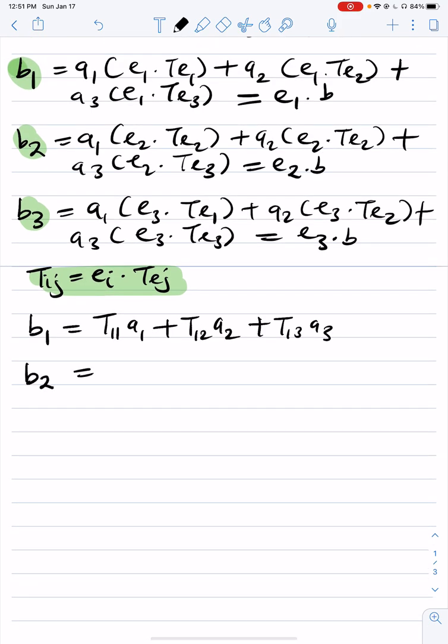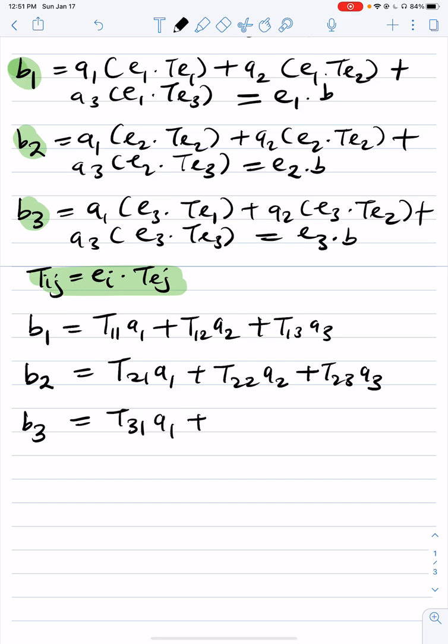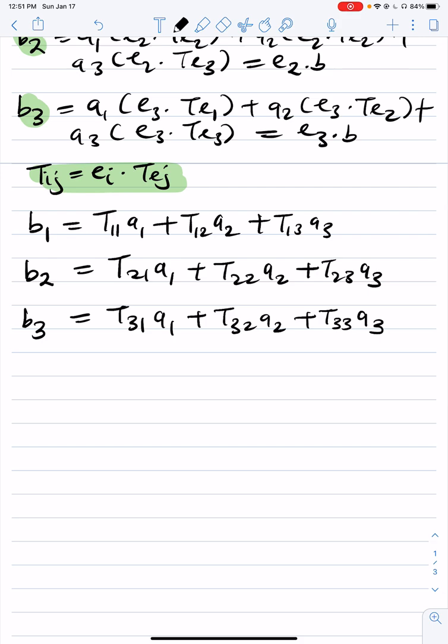B2 to be T21 A1 plus T22 A2 plus T23 A3. And for B3, you can further simplify this to be T31 A1 plus T32 A2 plus T33 A3. So all these are just the components of B, right?